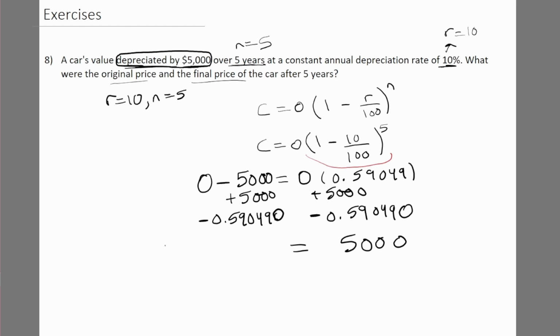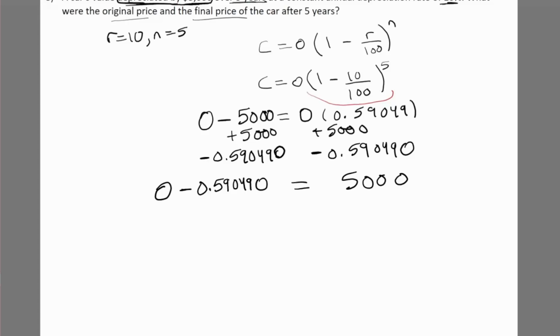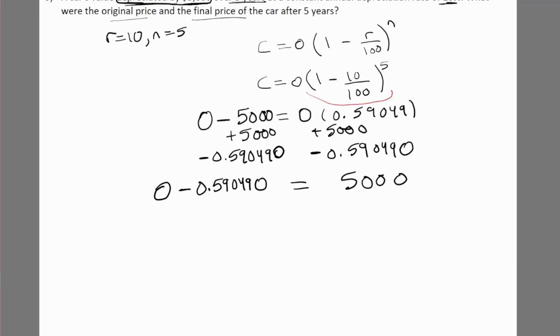On the left-hand side, we have the original minus 0.59049 original. Now on the left-hand side, I'm going to plug into the calculator 1 minus this number, and we get 0.40951 original is equal to 5,000.